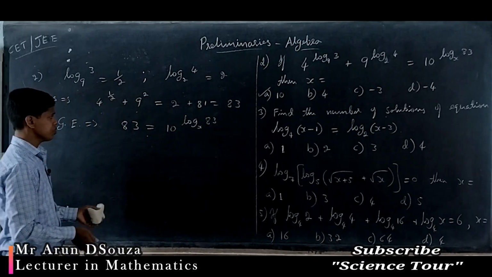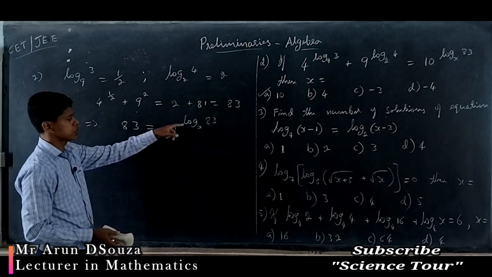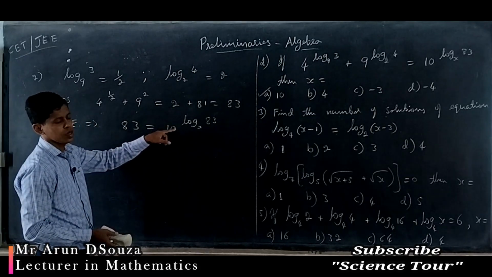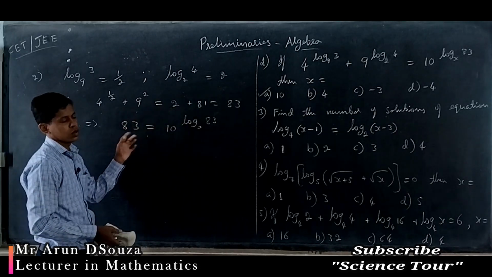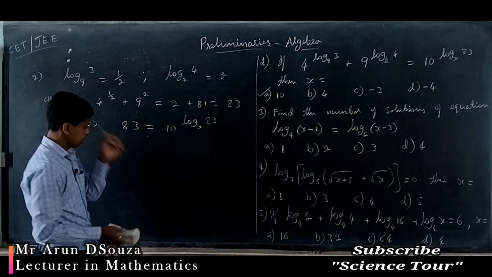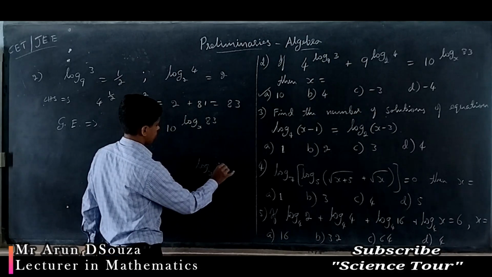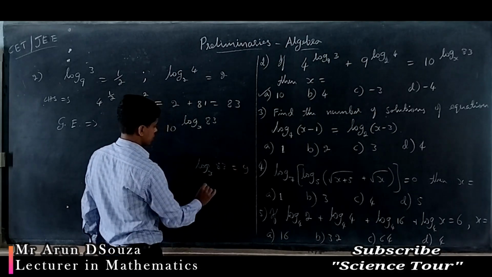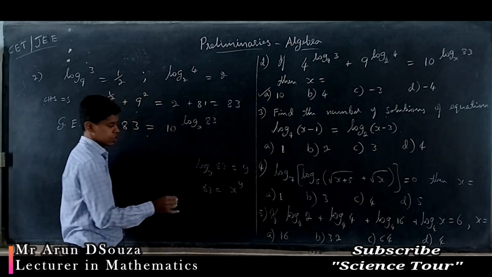So you have to convert the log into exponential. You take it as y, then 83 will be x to the power y, correct?